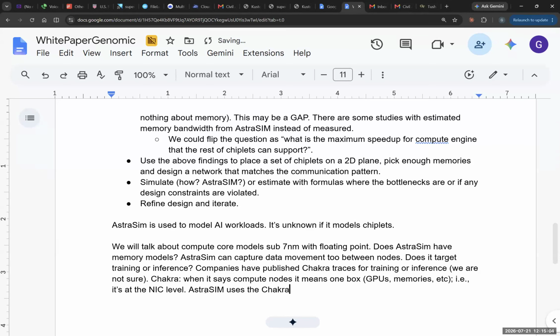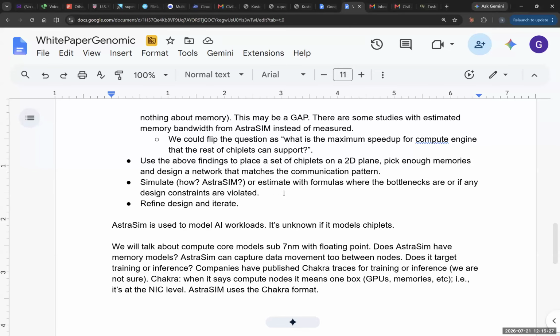So it captures Chakra traces about what the training runs do, what data they send around. When are they all reading data, sending data to all, and things like that? So basically, the leaf in that topology that's sending data is the compute node.